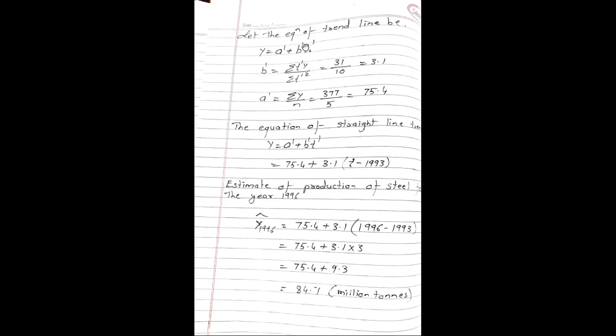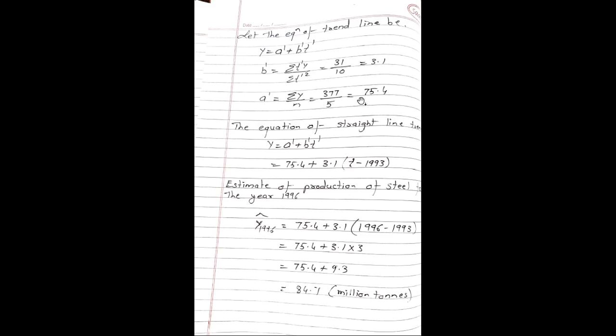So let the equation of trend line be y is equal to a dash plus b dash t dash. b dash is calculated as summation t dash y upon summation t dash square, that is equal to 31 upon 10. The value becomes 3.1. And a dash is calculated as summation y upon n, which is nothing but 377 divided by 5.